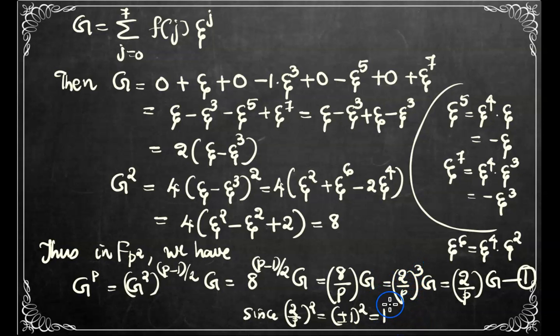So we can replace 2 by P whole cube with Legendre symbol 2 by P. Let us label this as equation 1, which gives the value of G raised to P as Legendre symbol 2 by P into G. Now let us try to evaluate G raised to P using some other techniques.